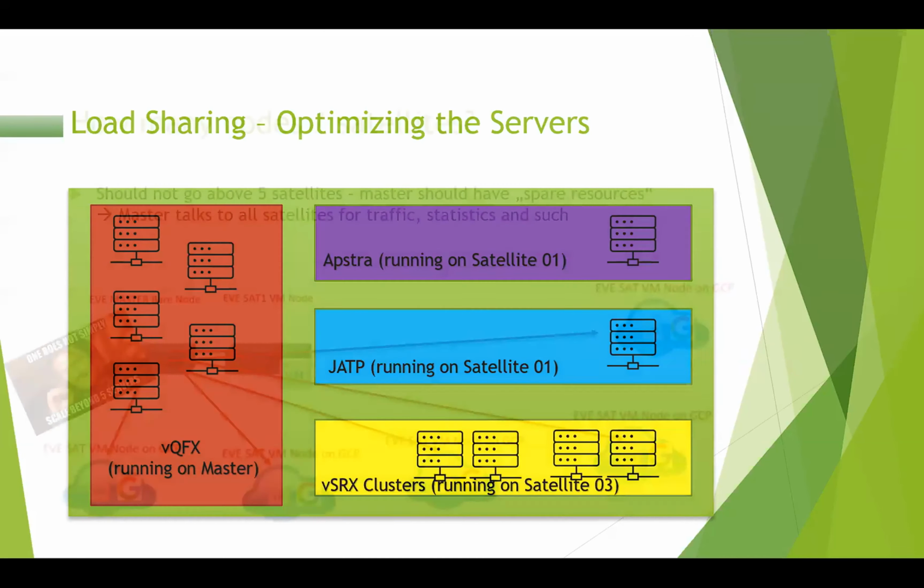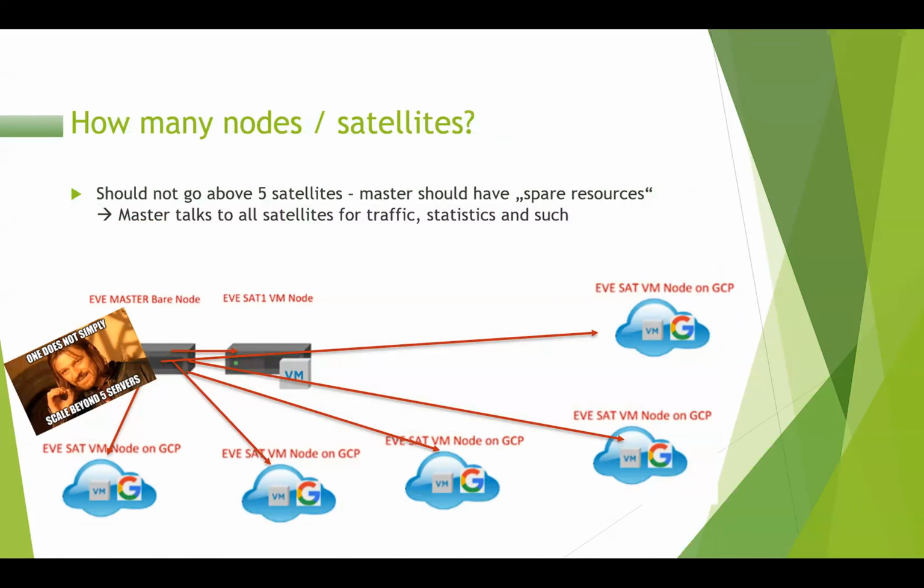Like I said, in theory, you could have, I think, even an unlimited amount of satellites, but I would never say that. Usually it's a good idea to not go above 5 satellites, because if your master is powerful enough, you can totally do that, but please keep in mind that the master needs to run a connection to all of the satellites, and depending on the number of devices that you run, and depending on the load, the master needs to gather some of these statistics from the satellites.